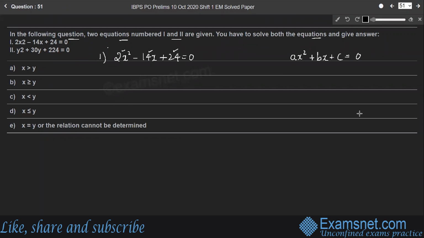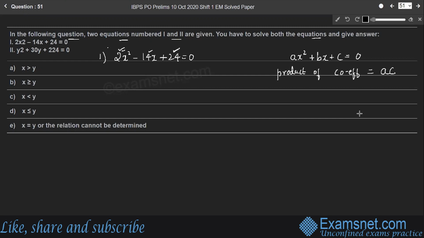How to solve such type of equation? Again by splitting the middle term. So how to split the middle term? Split the middle term in such a way that the product of the coefficients of the middle term is equal to a into c. That means the product of the coefficient of x square and the last number, which is c.